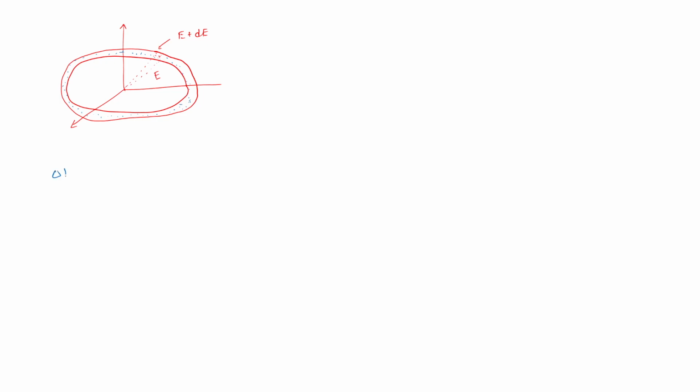We already have seen that delta kx, delta ky, delta kz is equal to 2 pi whole cube over volume. This is for one state, the k space volume of one state. Now what we want to find is the volume between these two.